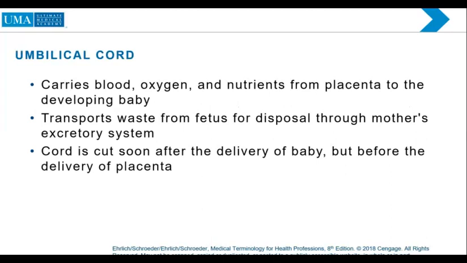The umbilical cord carries blood, oxygen, and nutrients from the placenta to the developing baby. It also transports waste from the fetus for disposal through the mother's excretory system. The cord is cut soon after delivery of the baby, but before the delivery of the placenta.